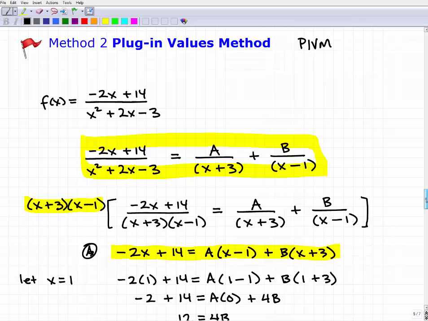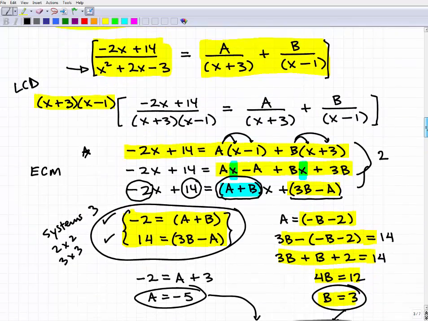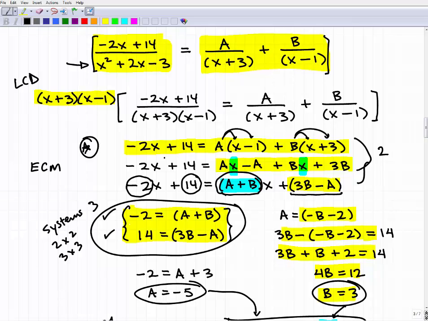Let's go back up here real quick. You can see this is the same thing: negative 2x plus 14 equals a times x minus 1 plus b times x plus 3.